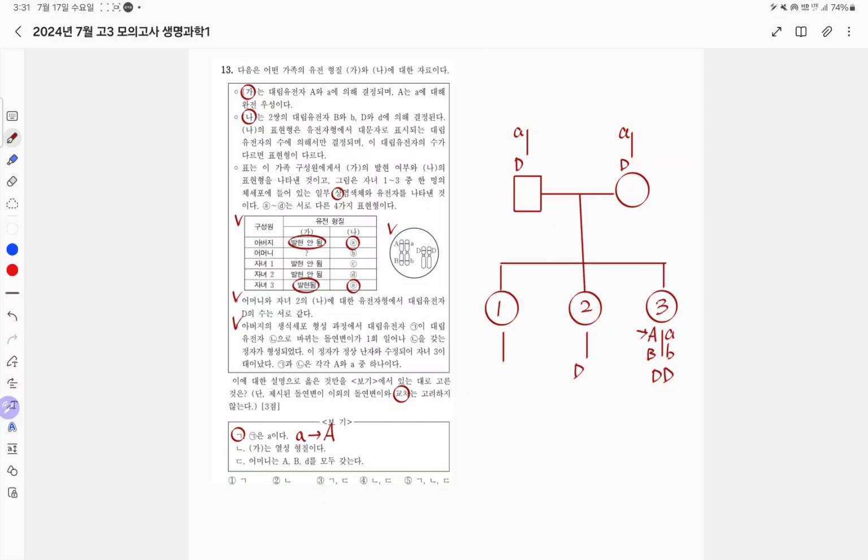And a father does not have the first trait, so he is homozygous recessive. And child number 1 and 2 are both homozygous recessive because they don't have the first trait.